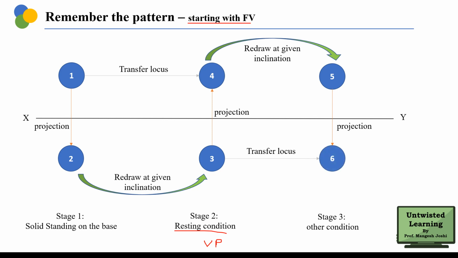So you always remember this pattern. It is a zigzag pattern, something like this. And here there is a redraw. Let us see some examples so that whatever doubts are in your mind will get solved.